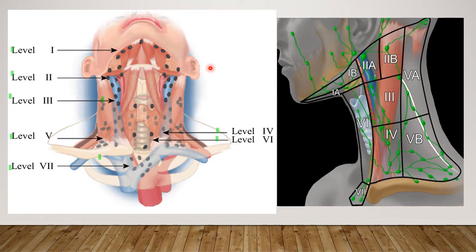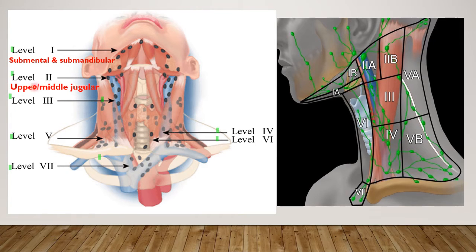It is also of utmost importance to understand the location or the anatomy of the lymph nodes of the neck. This diagram shows you the 7 groups of lymph nodes that are located in the neck. Level 1 consists of the submental and submandibular nodes.